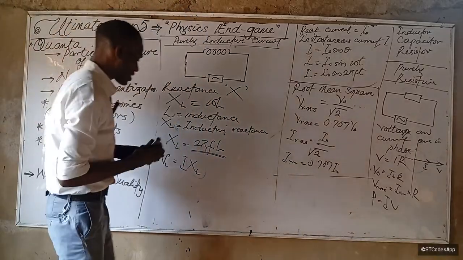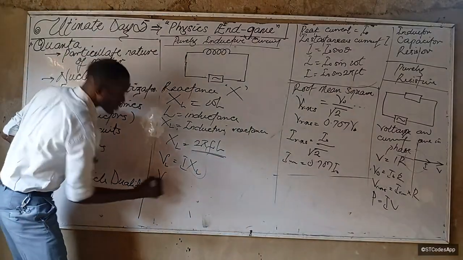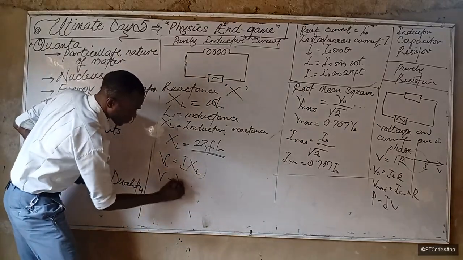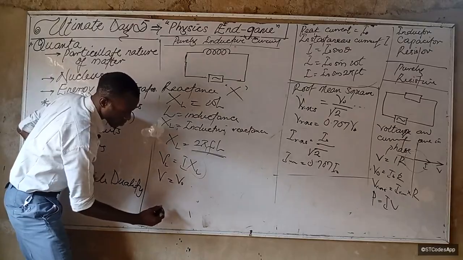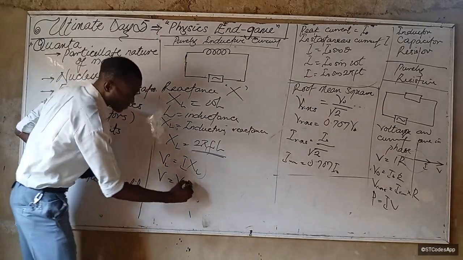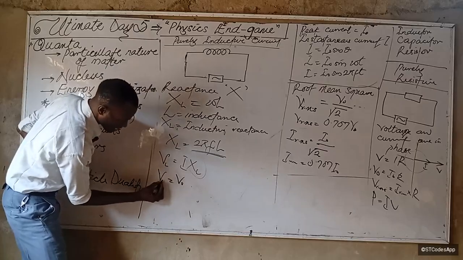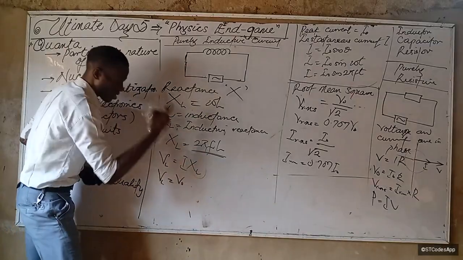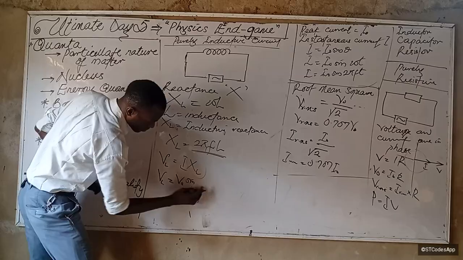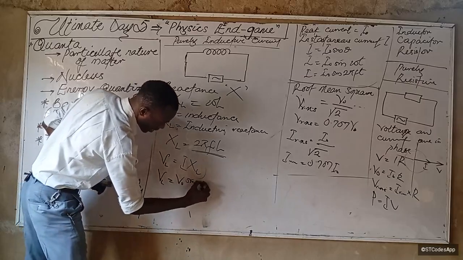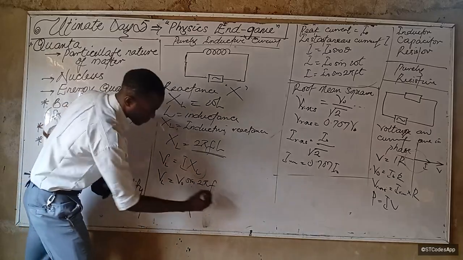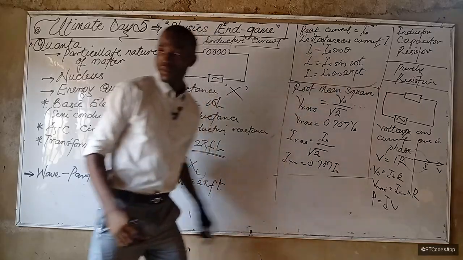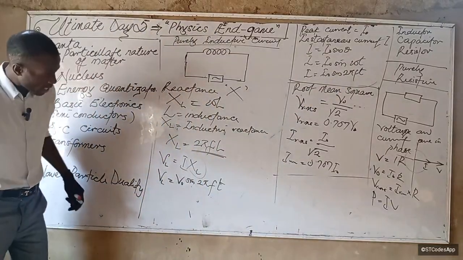So it means that if the instantaneous voltage through this guy is V naught, what's the formula again? V naught sine 2 pi ft. That was the formula we generated, right? Is that okay? But let's just use omega.